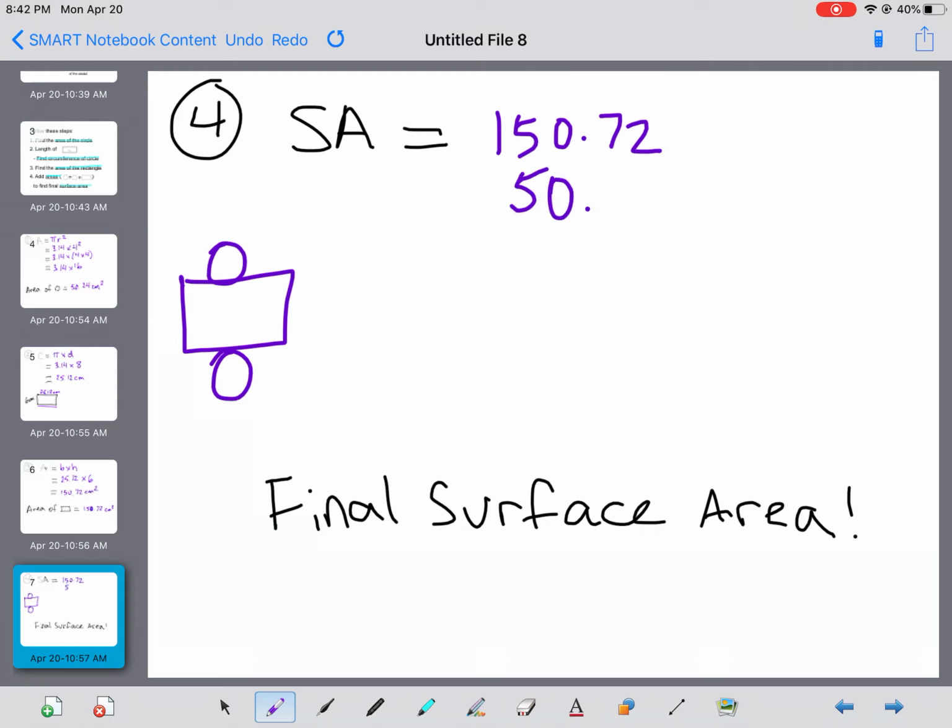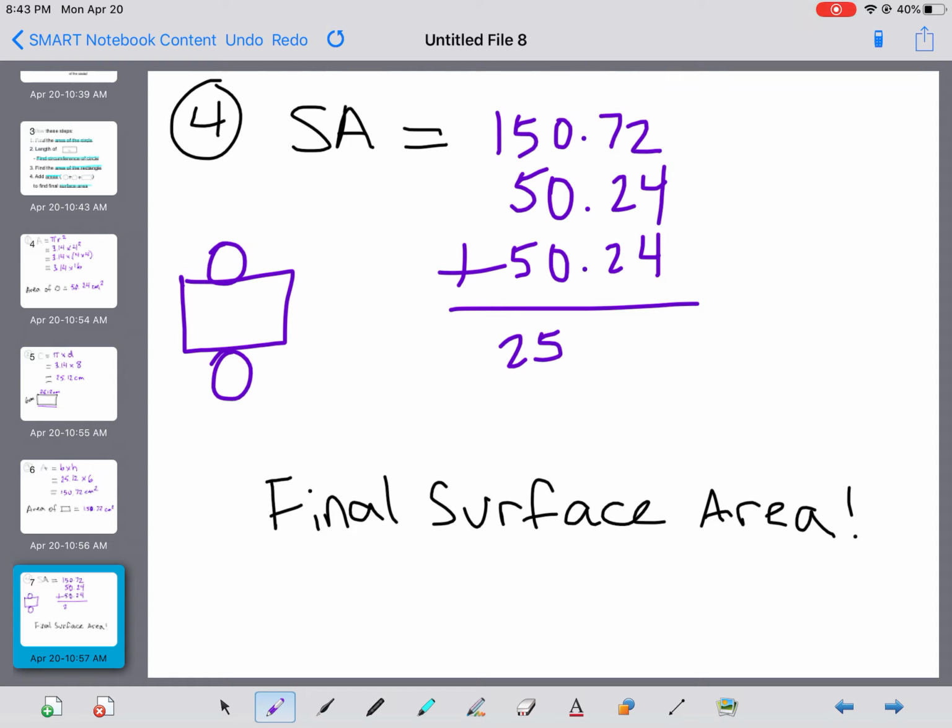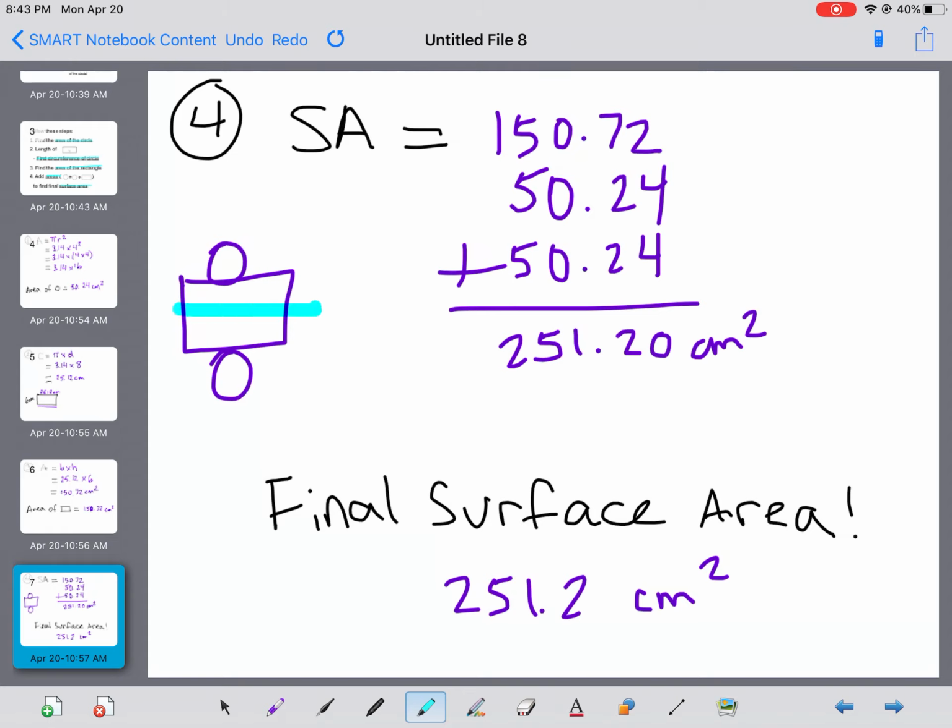We found that the area of one circle was 50.24, but we have to add in another circle to find our total surface area. If you add those together, you come up with 251.20 centimeters squared, or you could just write that as 251.2 centimeters squared. That's your final surface area. So you added the rectangle, a circle, and a circle.